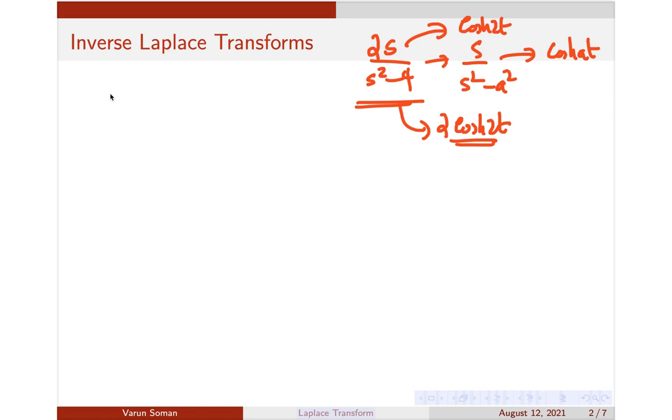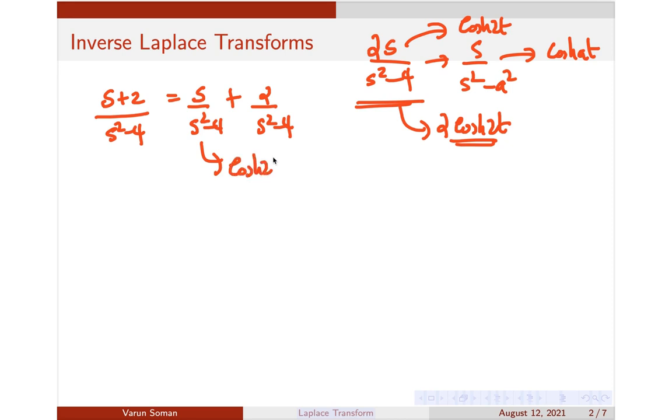Suppose I need to find the inverse transform of s plus 2 by s square minus 4. Again using linearity, this can be written as s by s square minus 4 plus 2 by s square minus 4. The inverse transform of the first is cosh 2t, and the inverse transform of the second is plus sinh 2t, right?